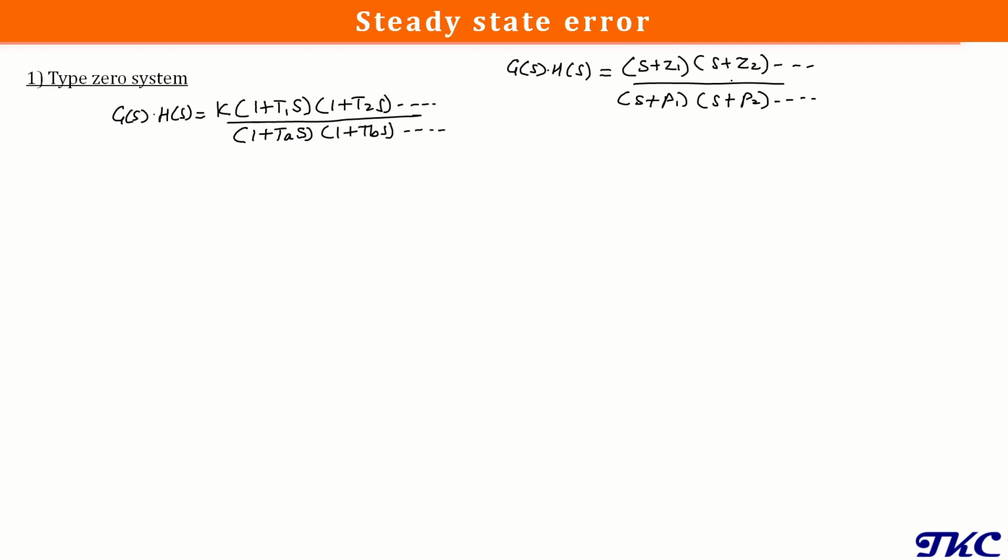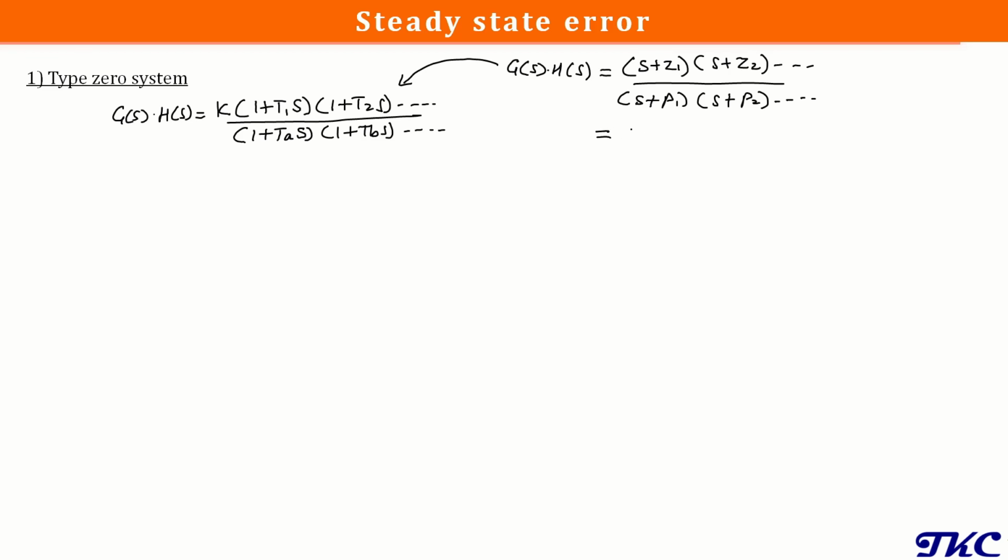This one we have already discussed. This factorized form we used in order to determine the type of system. So in order to convert this transfer function to the time constant form, we have to take z out from the brackets in the numerator and p out from the denominator.